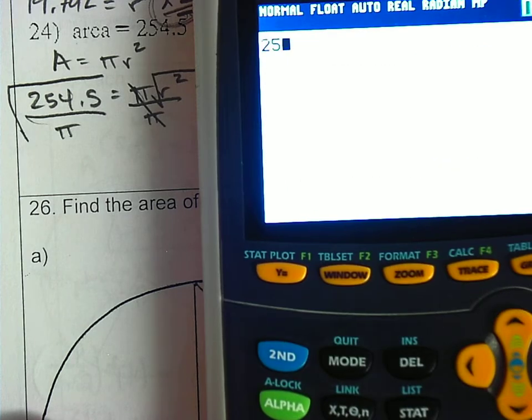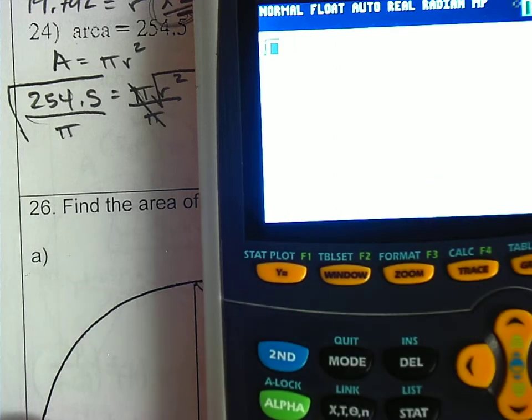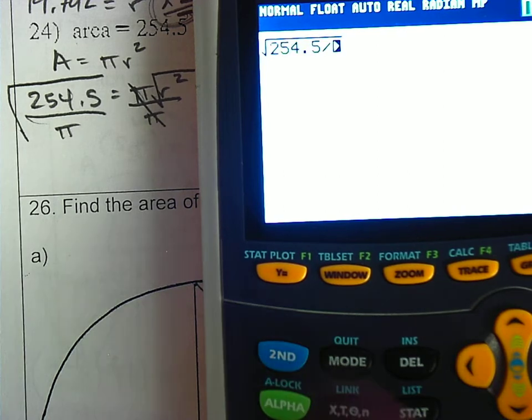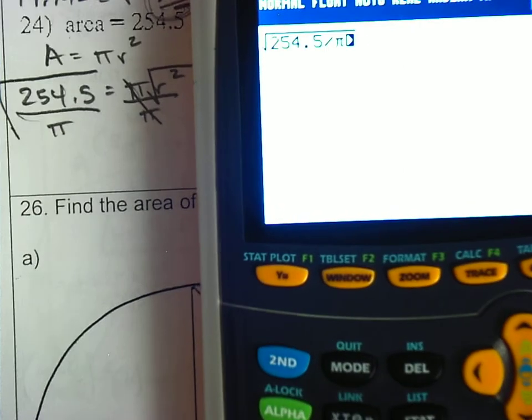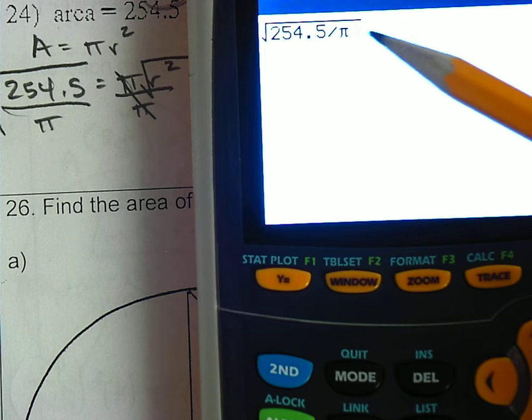So 254.5 divided by pi. We actually have to do that square root first. So square root of 254.5 divided by pi, and it should look just like that in your calculator. I want to emphasize this because I don't want anybody to miss it: the radical in your calculator has to come all the way over the pi.